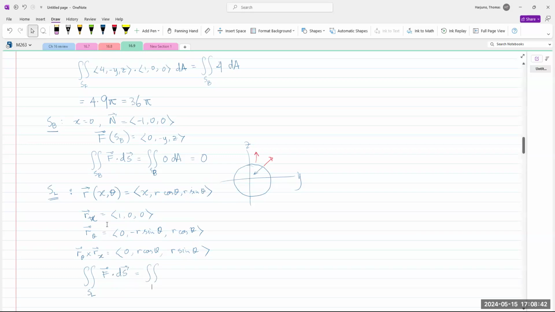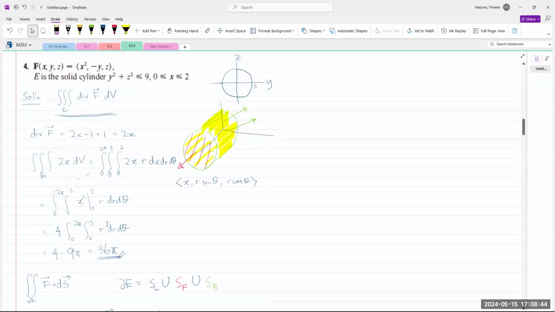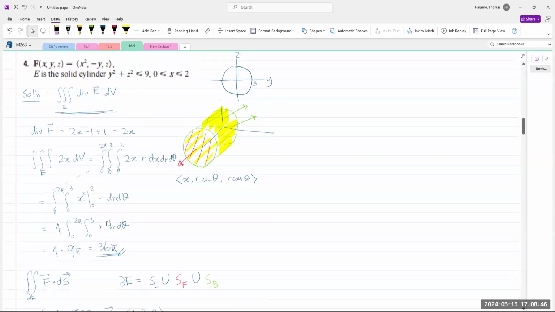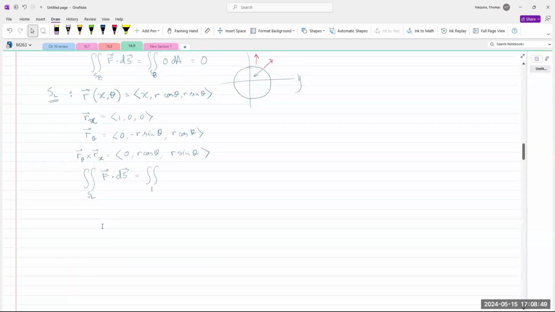What is the F again? x squared, negative y, z, so x squared, negative y, z, dot 0, r cosine theta, r sine theta dA.